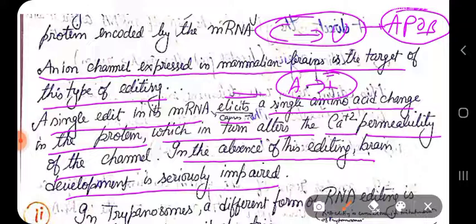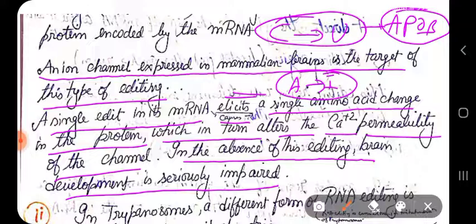And it has been said here that if this type of editing does not occur in the brain, it will seriously affect the brain development actually. So I hope you have understood this part. I am again trying to say it in simple words.